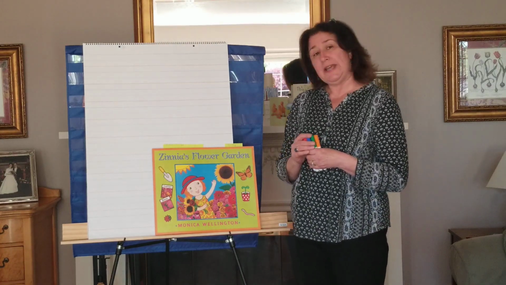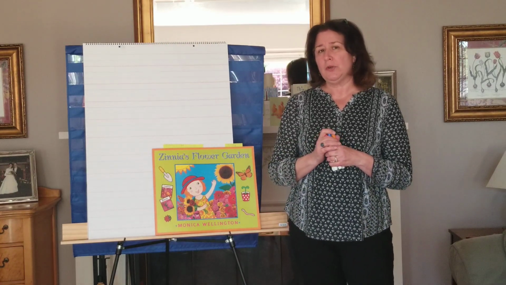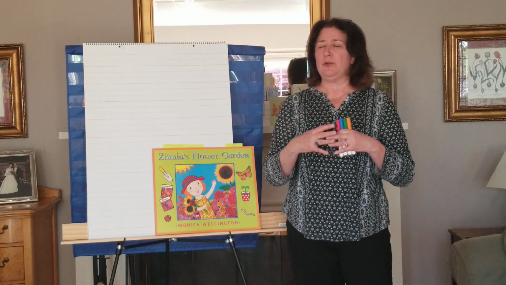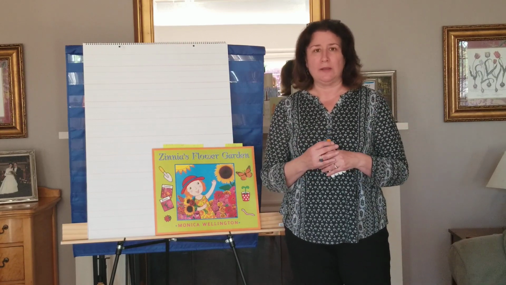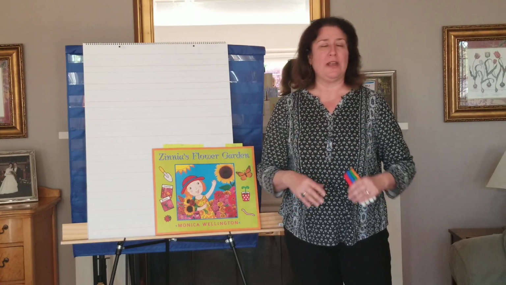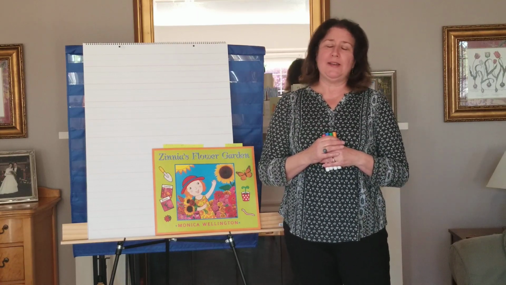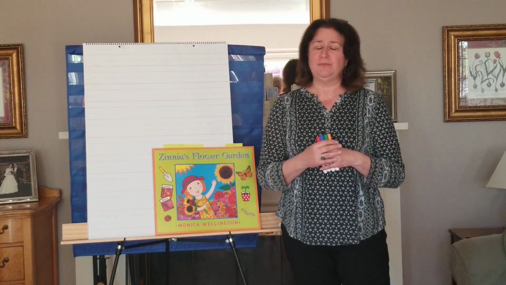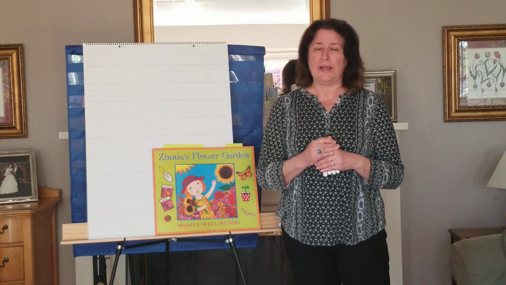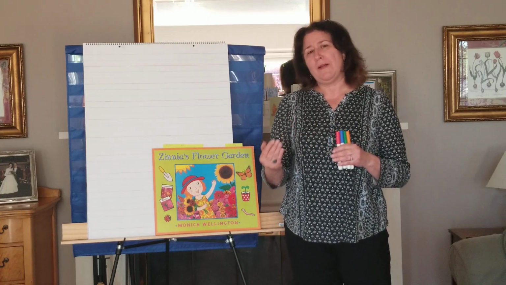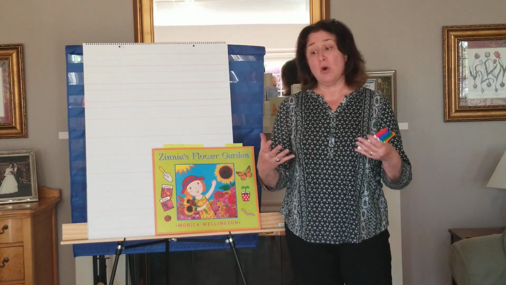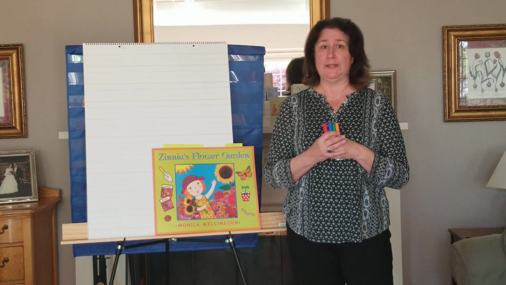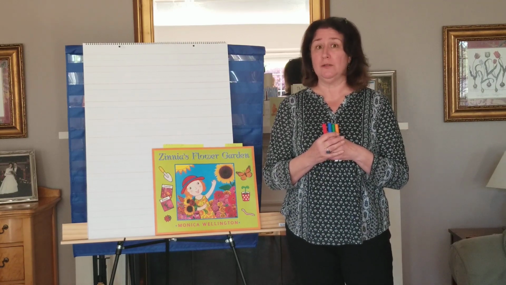So today, when we do our writing about the story, we're not going to be able to put every single juicy detail into our writing. Oh my gosh, you guys would be writing all day long. And it would be way too much. Even for me, that would be a lot of writing. So we're going to think about the story and we're going to kind of focus on what are the most important events that happened in the book, okay?